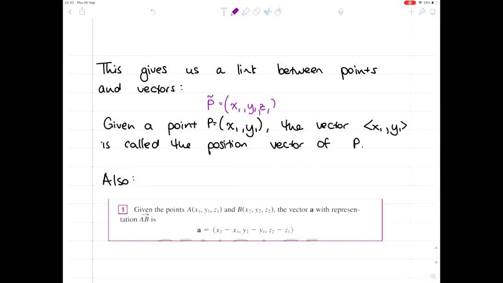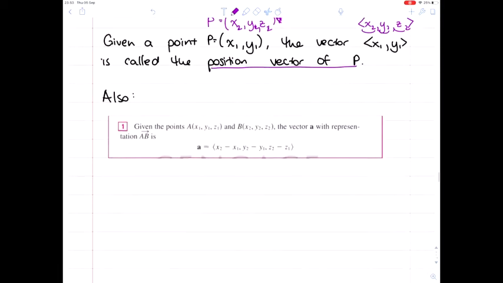Then the vector, let's call it x2, y2, z2, would again be the position vector of P. It would say if you start at the origin and you move x2 units in the x, y2 units in the y, and z2 units in the z, you will end up at this point P.